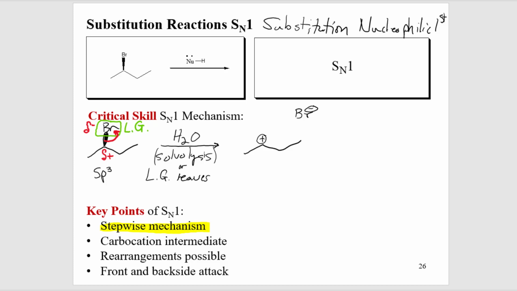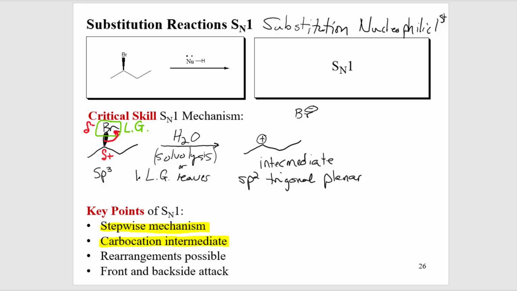And we're now at a point where we formed a carbocation. This is an intermediate. So step one, leaving group leaves, forming this intermediate. It's a carbocation. I now have an sp2 trigonal planar carbon. And this is always going to be our first step, right?